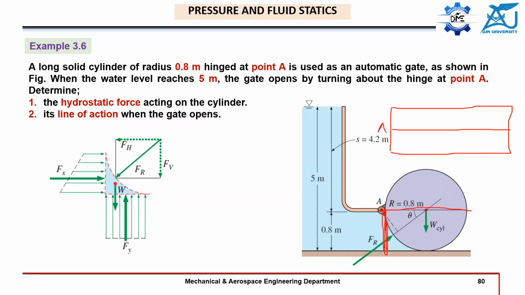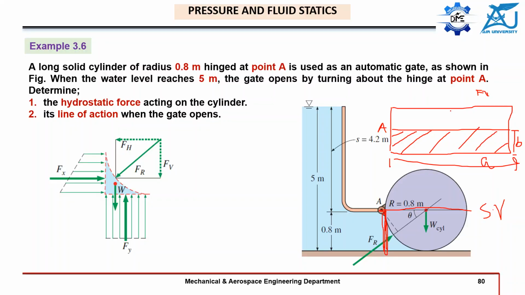This is the point A, looking from the side view, and this is the front view. So the water is only in contact with the surface till this point A. It is a rectangle, so we will assume this is A, which was I think 1, and this is B, which is 0.8.